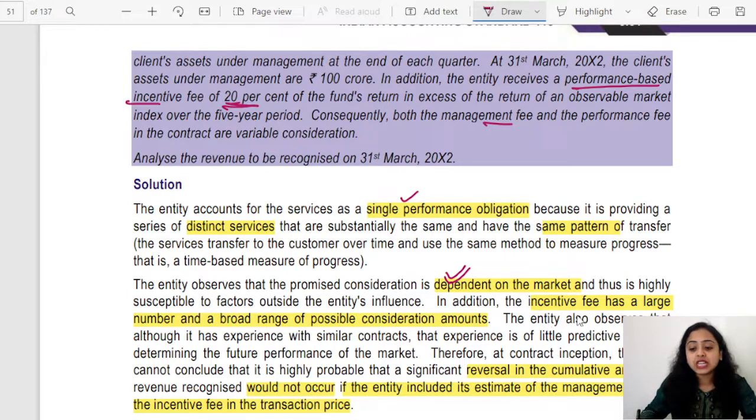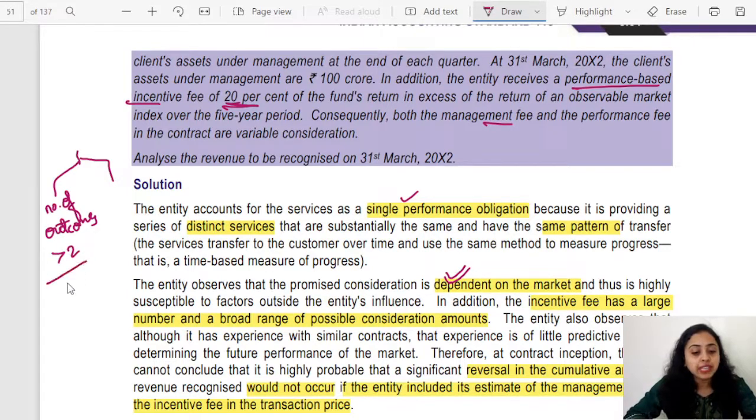In addition, the incentive fee has a large number and a broad range of possible consideration amounts. See, if there is a high number of outcomes, I have told you before as well, if the number of outcomes is more than 2, then you follow the average method. Broad range has been given, then you follow that.